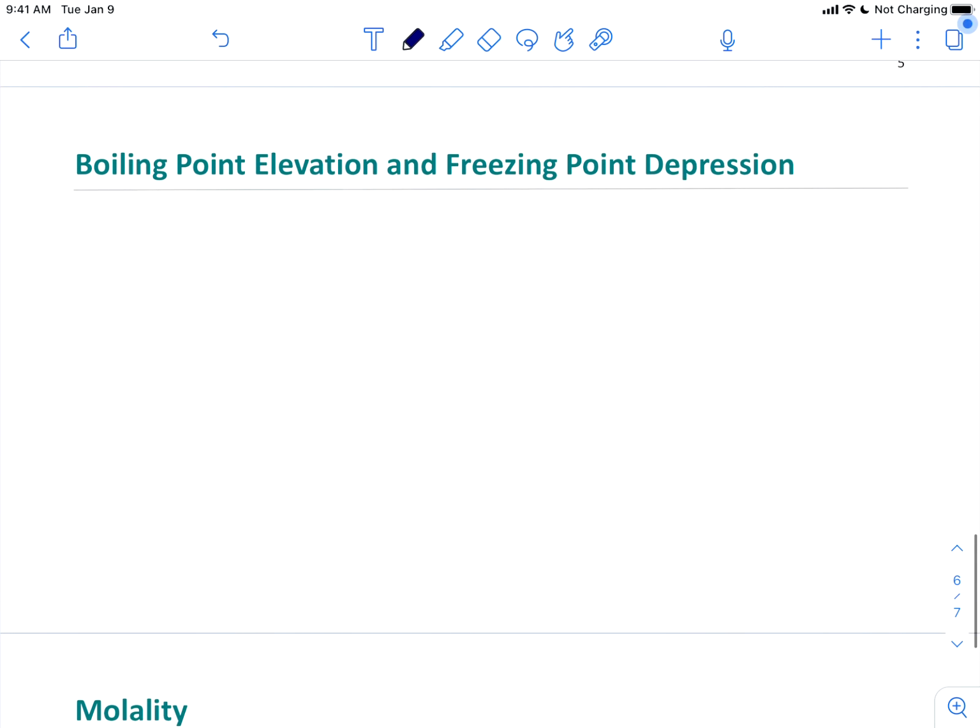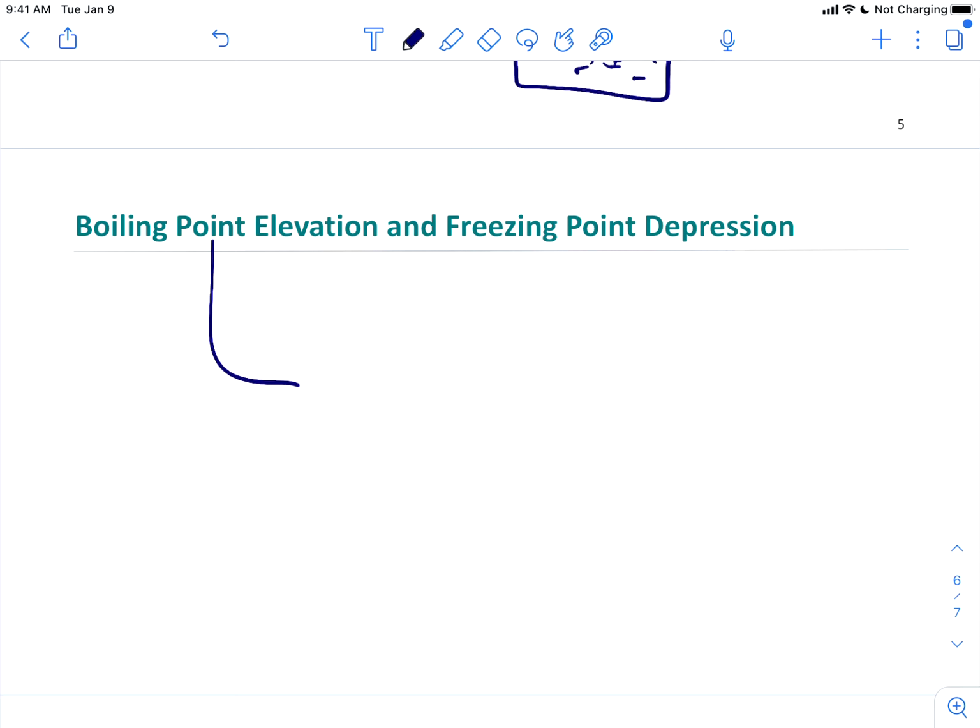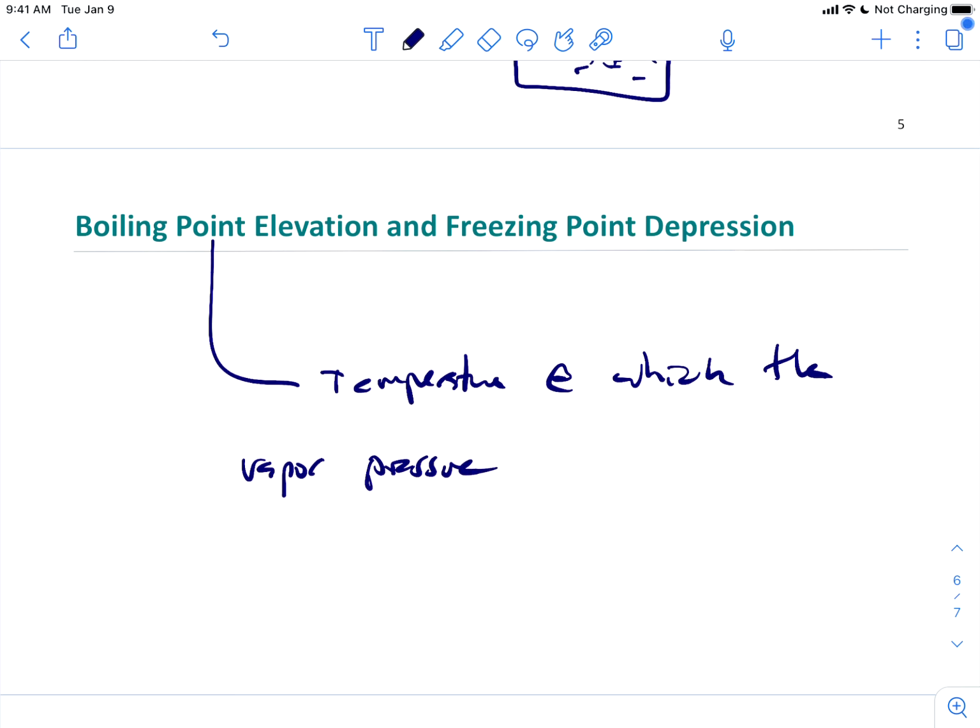But what boiling point is, normal boiling point, is the temperature at which the vapor pressure is equal to the atmospheric pressure.